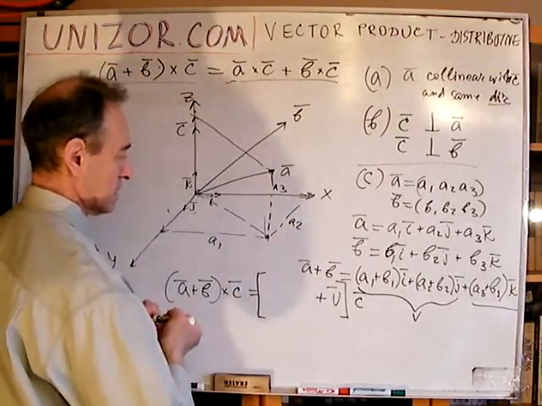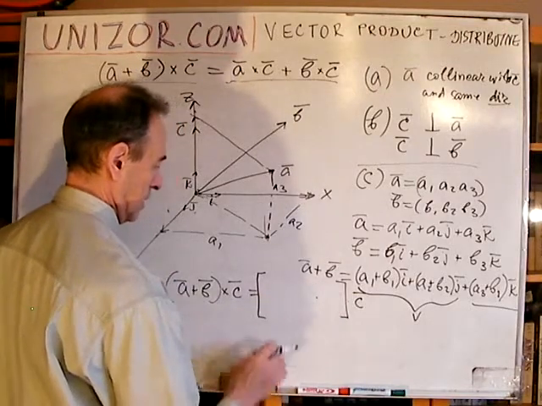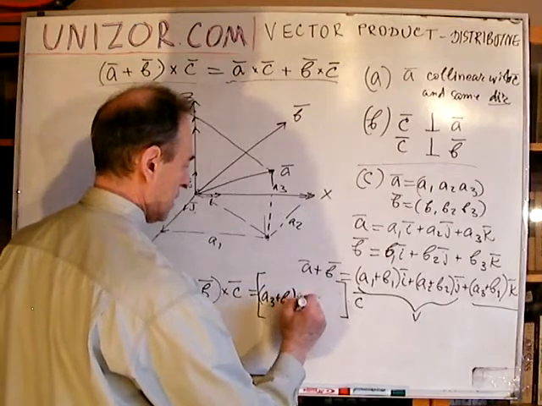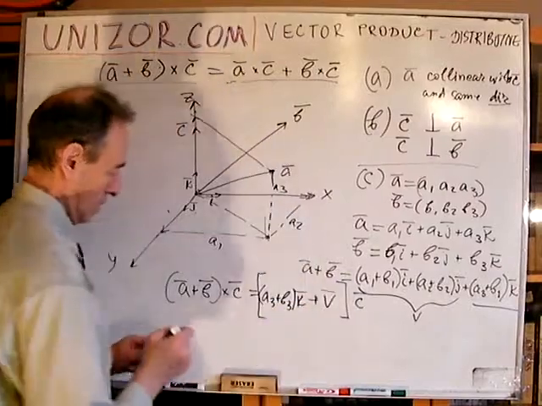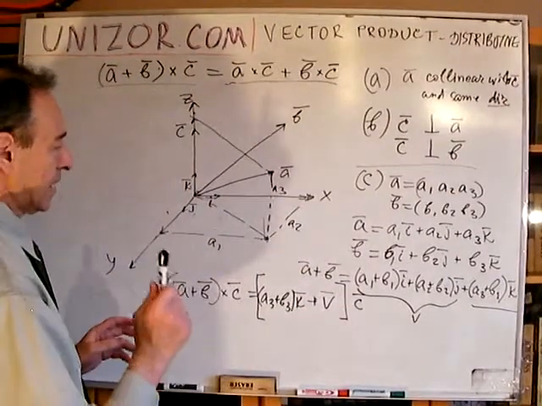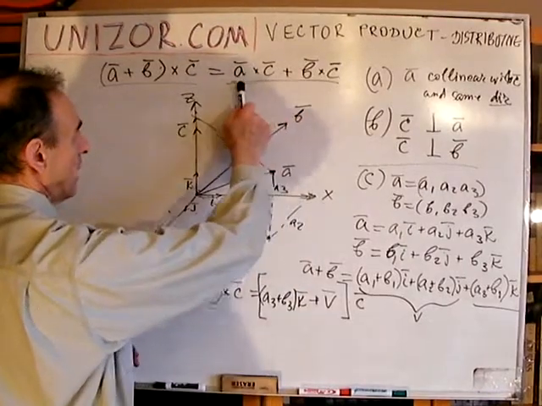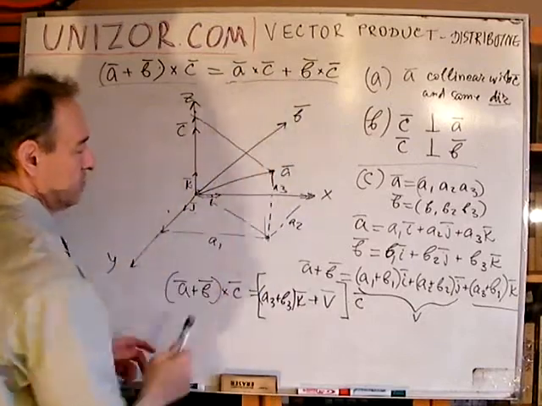Alright, so it's A3 plus B3, K plus V. Sorry about that. Alright, so now what I'm saying is that this I will consider as my A vector for the first case, and B would be my B vector.